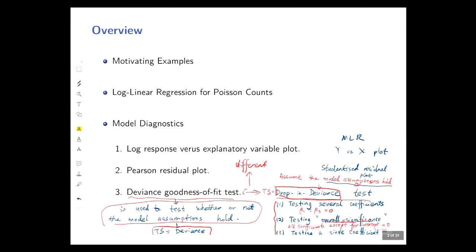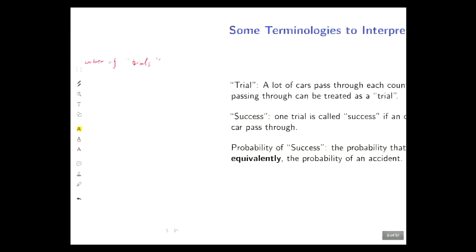The difference is that the deviance goodness of fit test is used to test whether or not the model assumptions hold, but the dropping deviance test is used to test several coefficients under the assumption that all the model assumptions are satisfied. If the model assumptions are not satisfied, we can never use the dropping deviance test. So firstly, we need to use the deviance goodness of fit test to test the model assumptions.